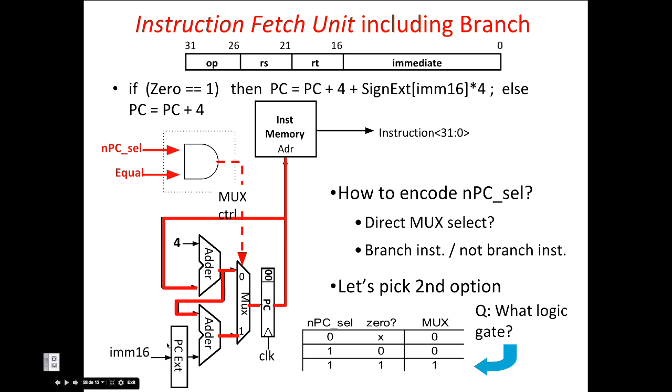PC extend here stands for the times 4 and the sign extension result. That added to PC, and then this ANDing will tell us whether or not we want to take this sign extended plus PC plus 4 value. Any questions about this branch instruction?